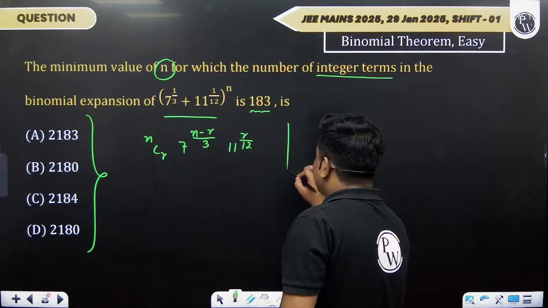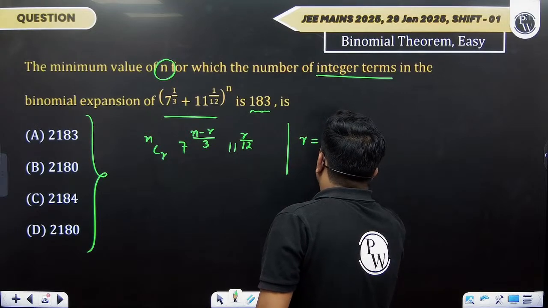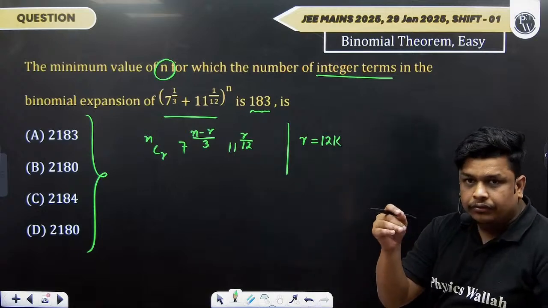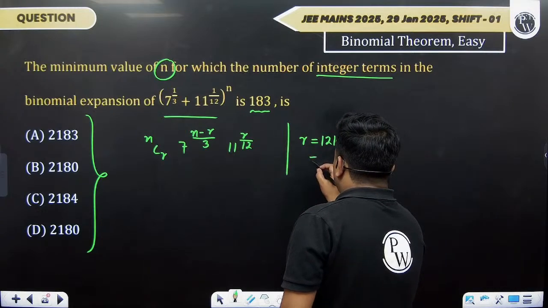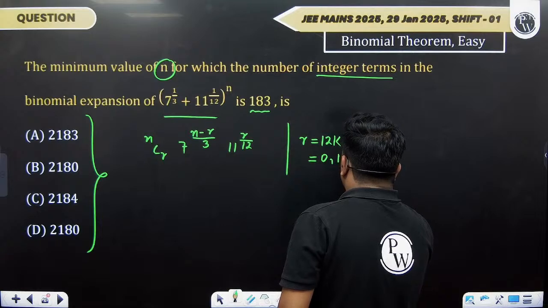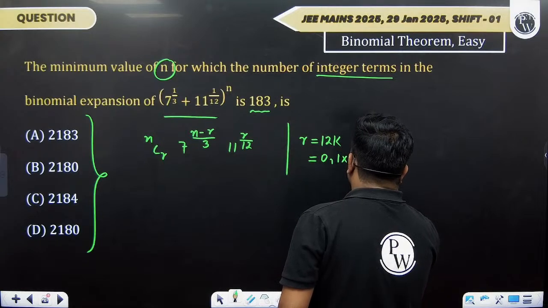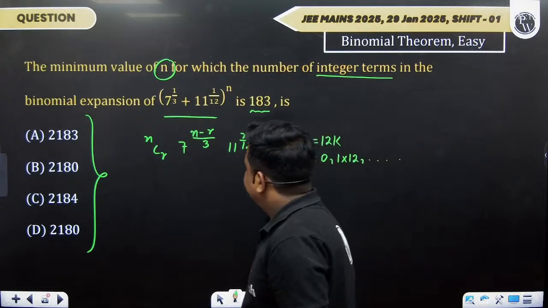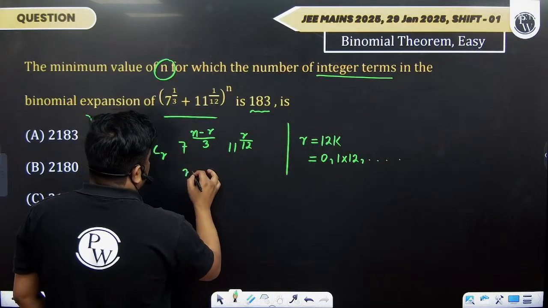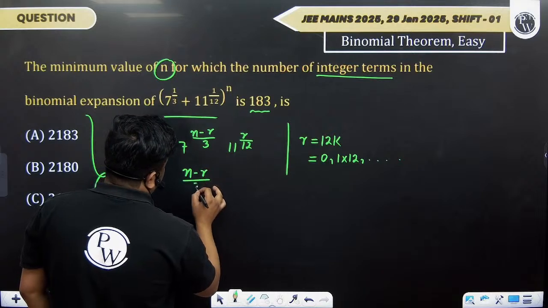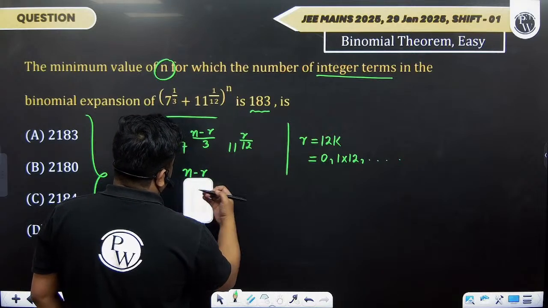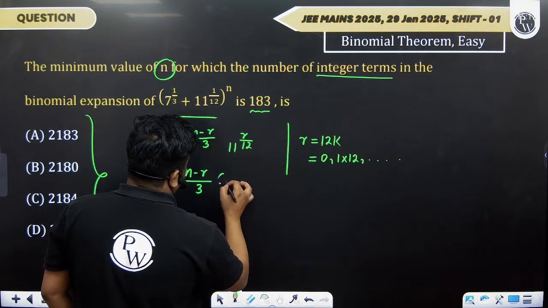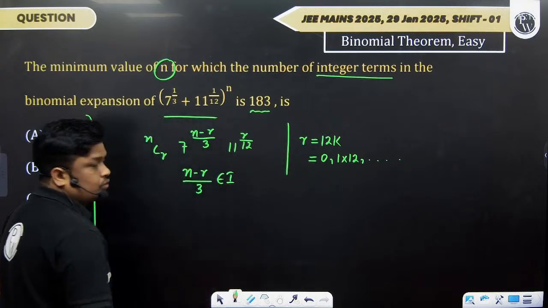That means r should be of 12k nature, a multiple of 12. So r can be 0, 1 into 12, and so on. And (n minus r) by 3 should also be an integer.